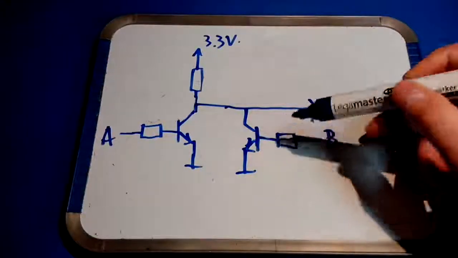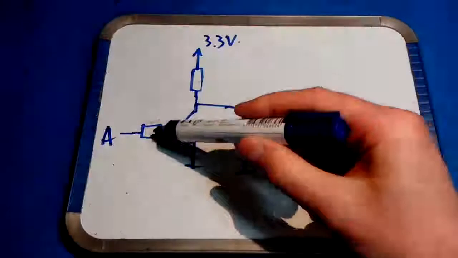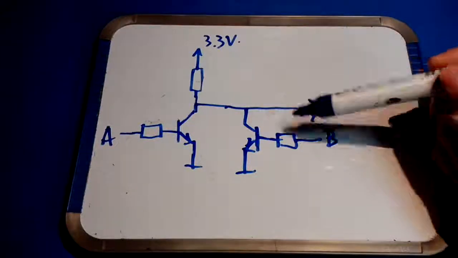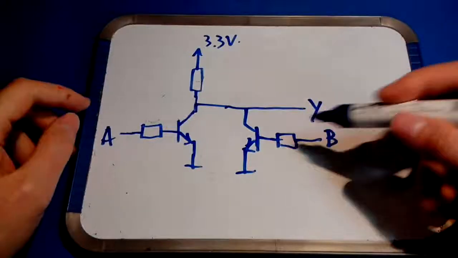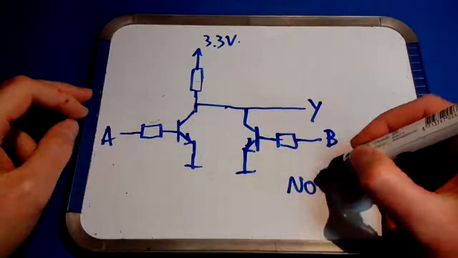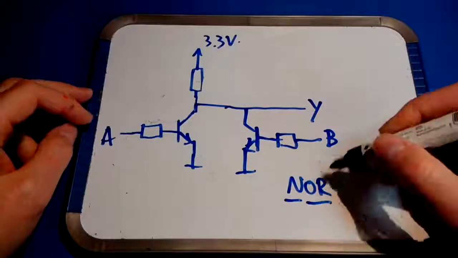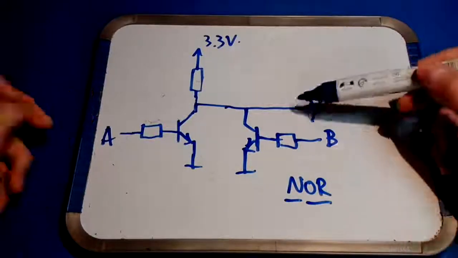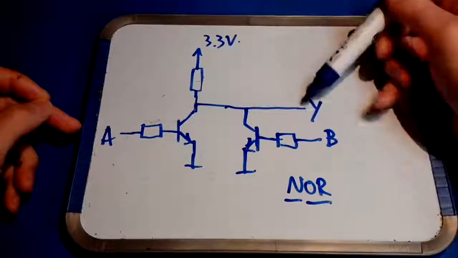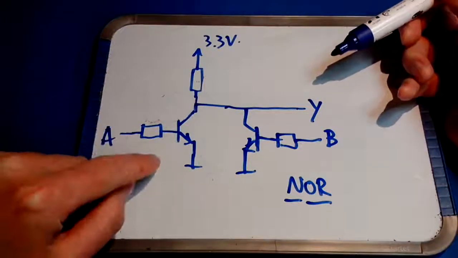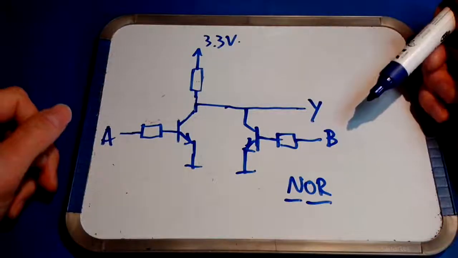This is the same resistor as that one, etc. What you're essentially making is a NOR gate, NOR, not OR. So it's an OR gate with an inverted output, basically. So you see this output Y is 0 if A is high or B is high, right?